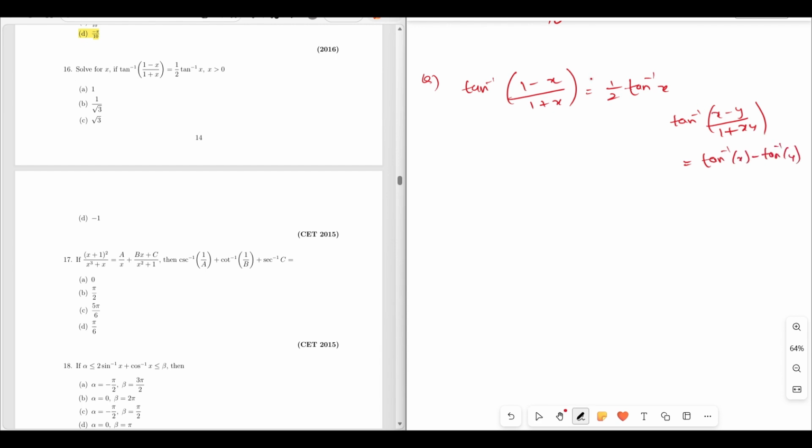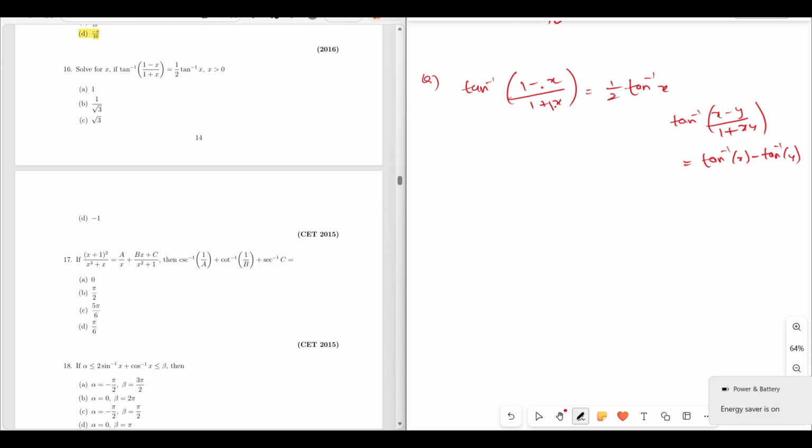Okay? So now look at this. It is of the format x minus y in the numerator, divided by 1 plus x into y. So I'll take 1 into x: 1 minus x divided by 1 plus 1 into x. If I do 1 into x, the value doesn't get changed here.